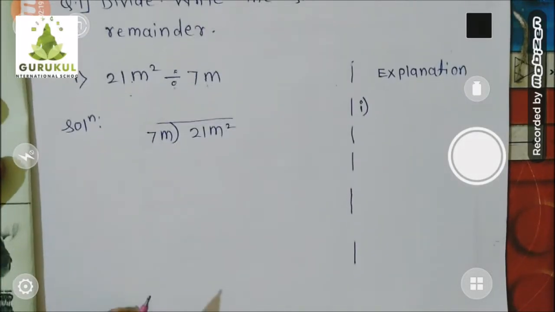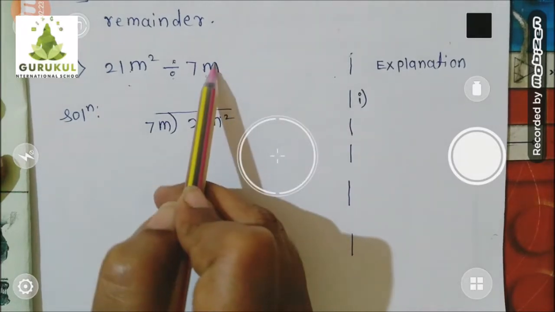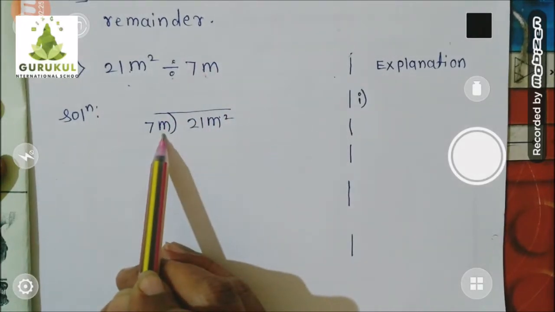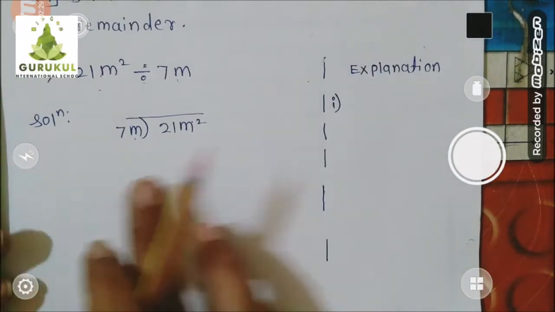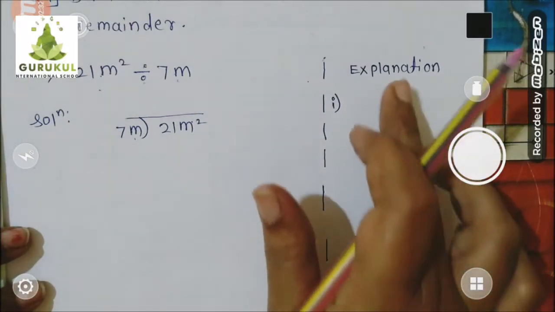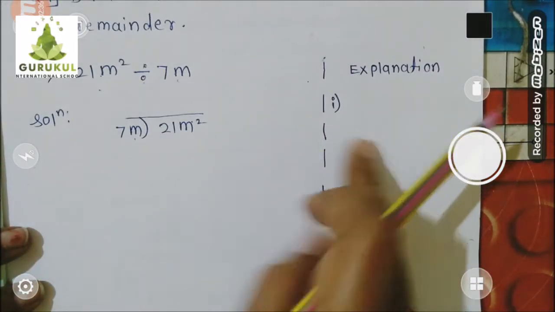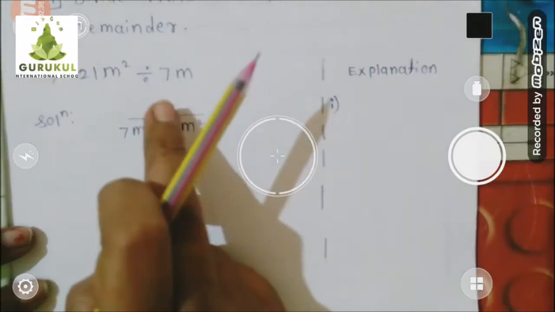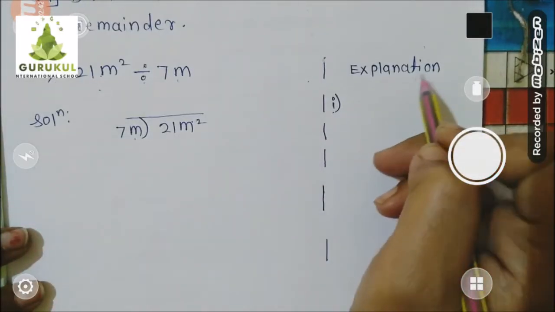So first learn to write the position. This becomes the dividend and the second part becomes the divisor. Once you have written in this manner, now go for the explanation part. Here we will solve and find out the quotient, what is to be written over here, and then we will write on the fair page.